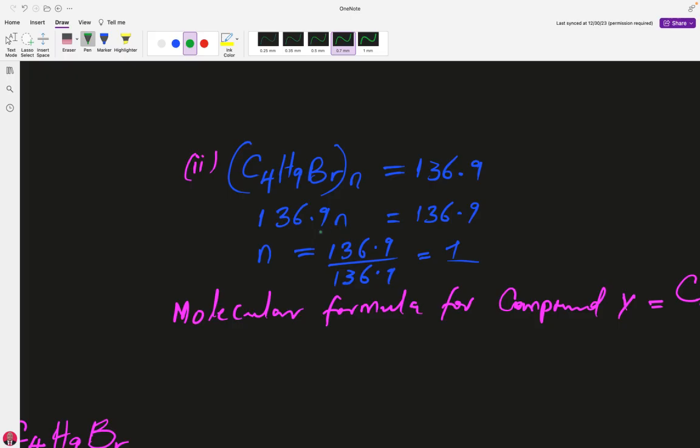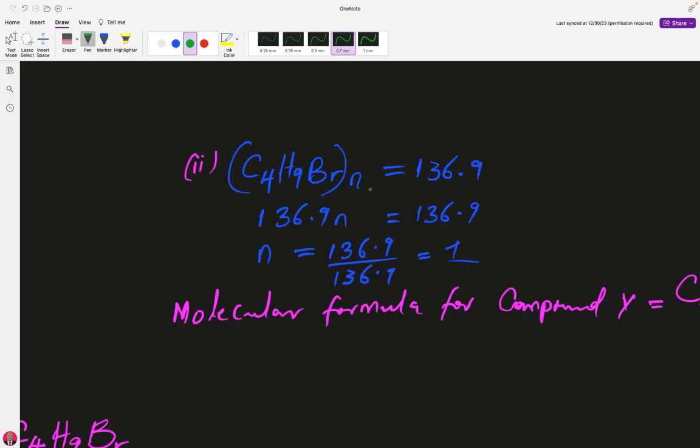So n is equal to our molecular weight. Now, to have the value of n, we need to make n the subject by dividing all by 136.9. And if we divide that, n is equal to 1.